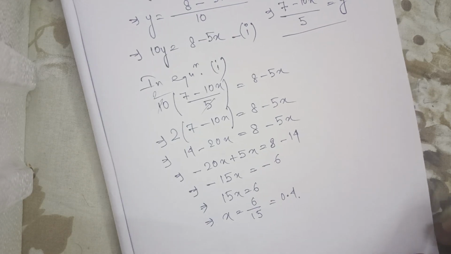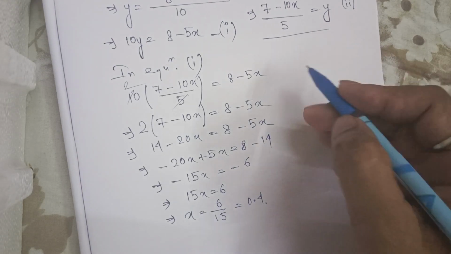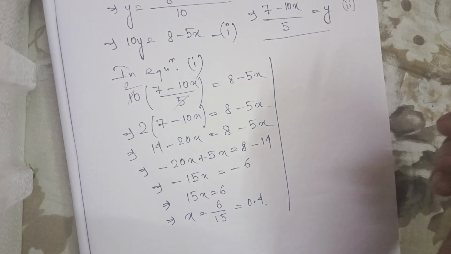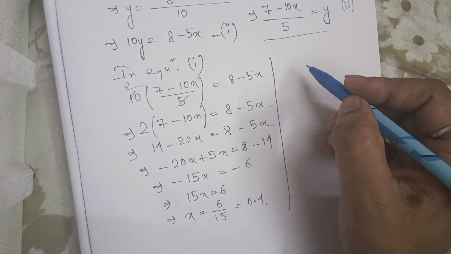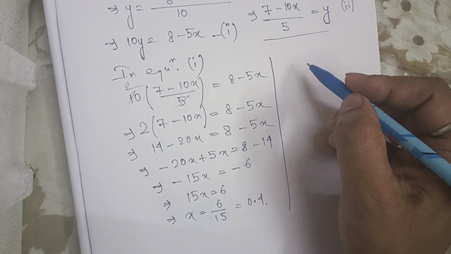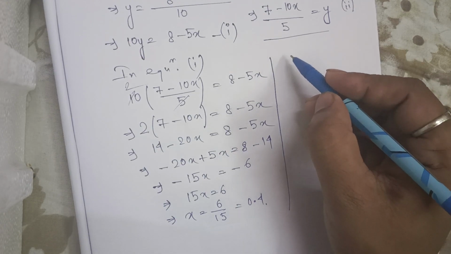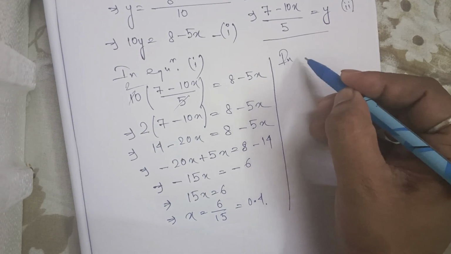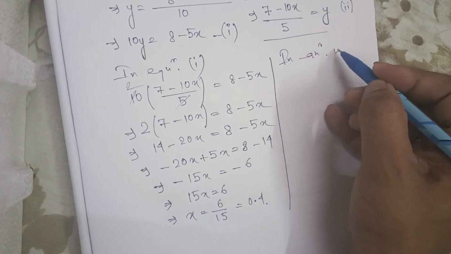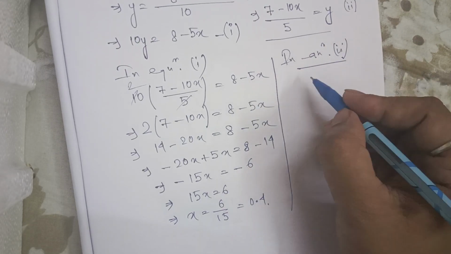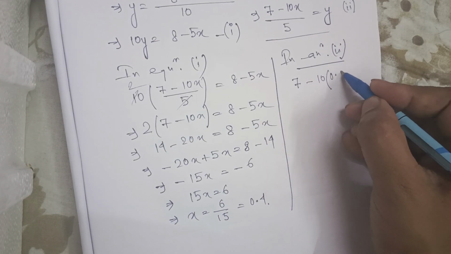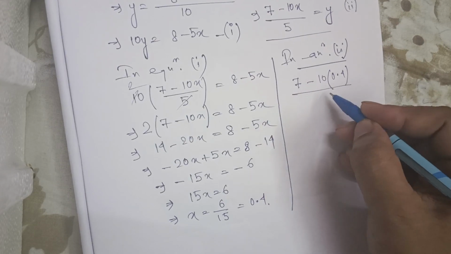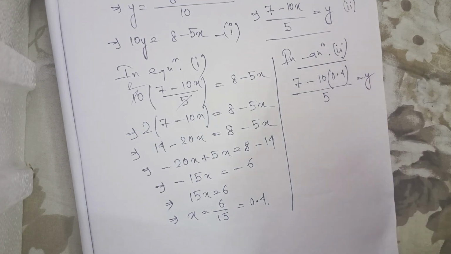Now we'll find the value of y. So in equation 2, (7 minus 10 into the value of x, which is 0.4) by 5 equals y.